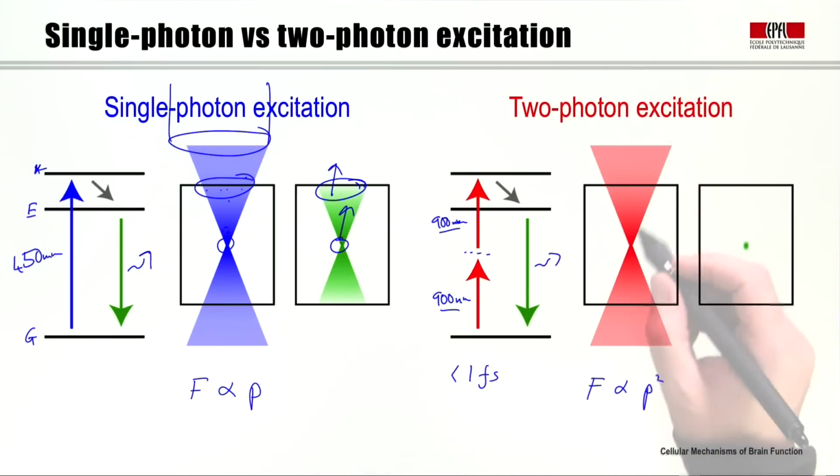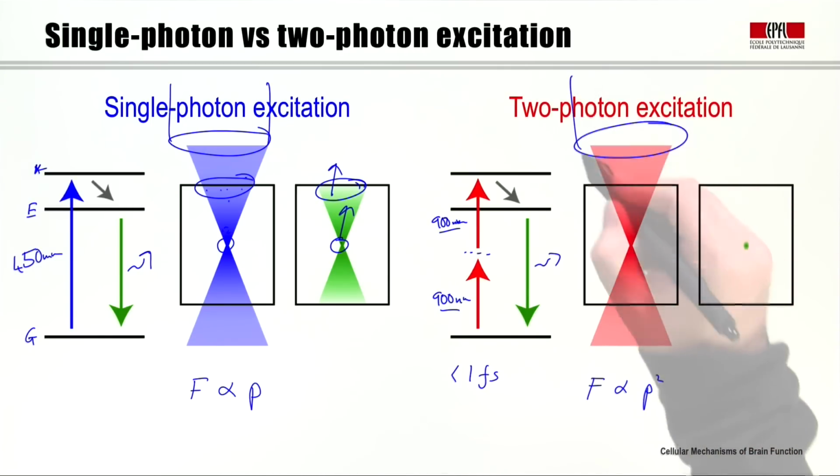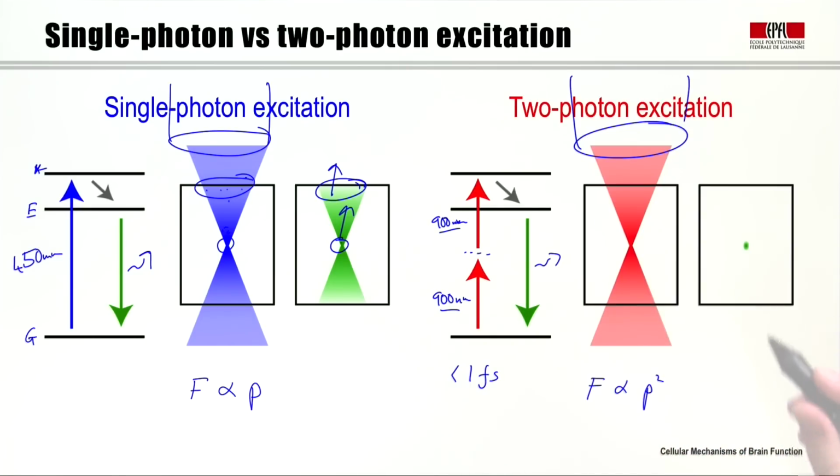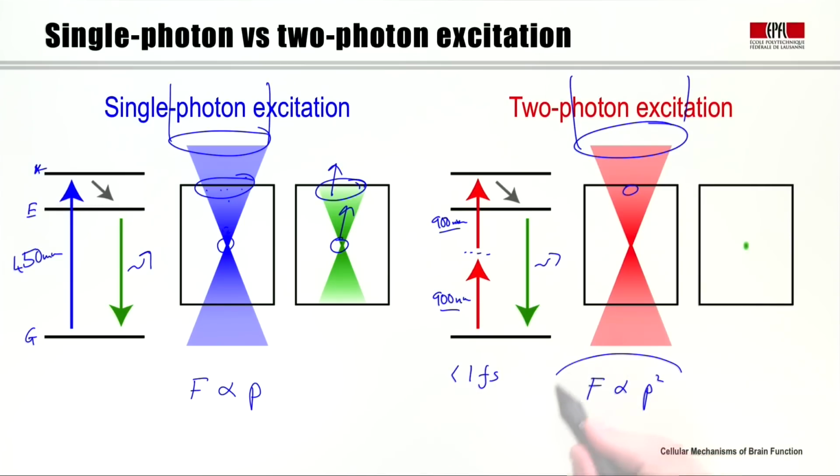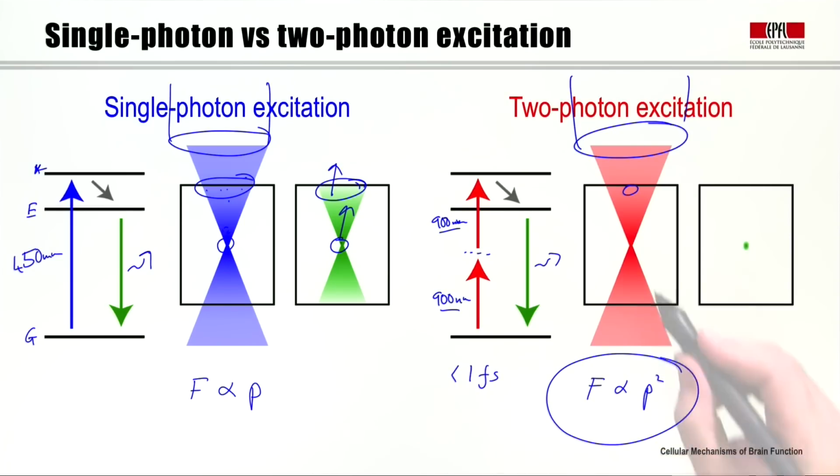And what that means in terms of the emitted fluorescence light under two-photon excitation is that these areas here that have low photon density will basically generate no fluorescence, whereas the high photon density that we get from the focal spot generates an intense fluorescence.